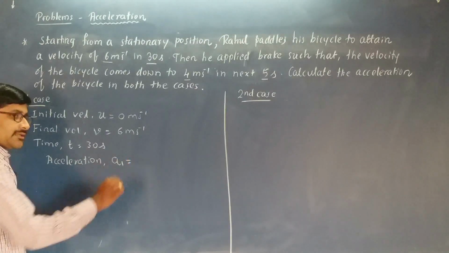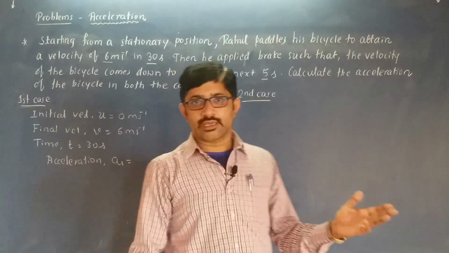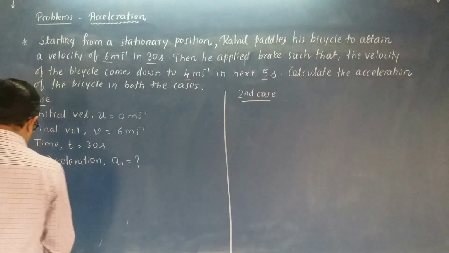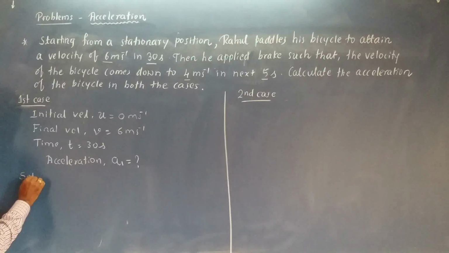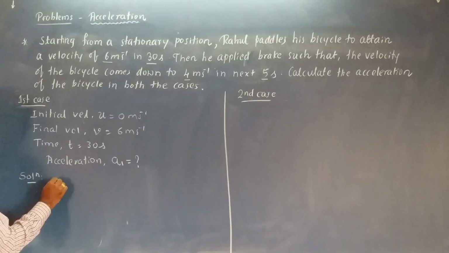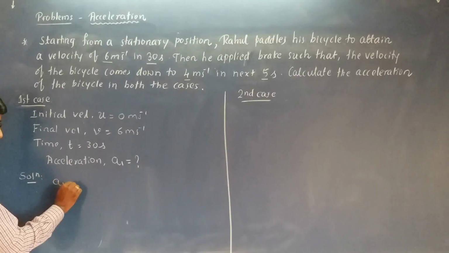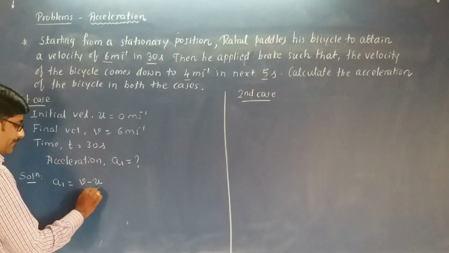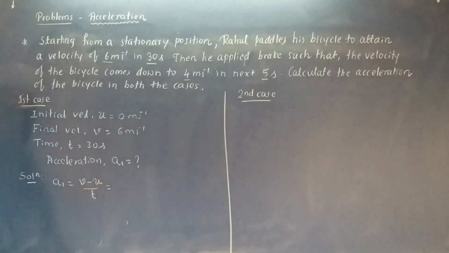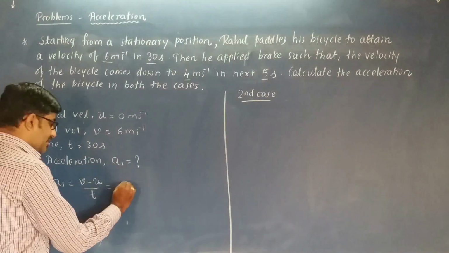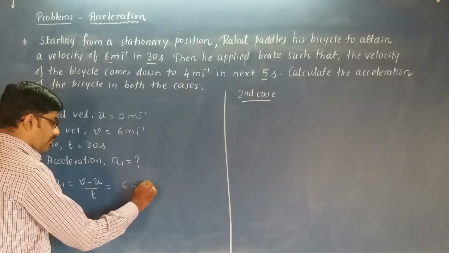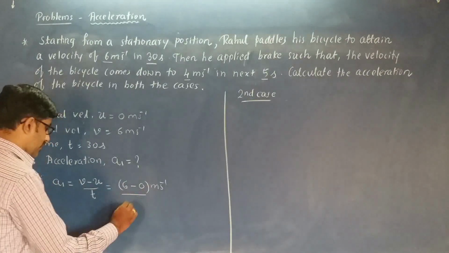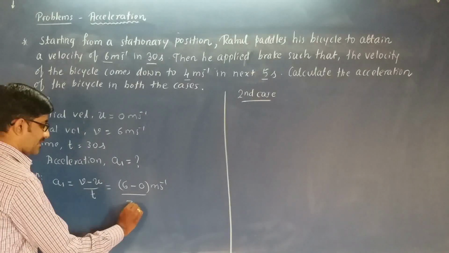Therefore, acceleration in the first case, I am taking a1. A1 indicates the acceleration in the first case. Again, the same formula is applicable. Solution for the first case: acceleration a1 is equal to v minus u divided by t, which is equal to 6 meter per second minus 0, combine the meter per second, divided by 30 seconds.